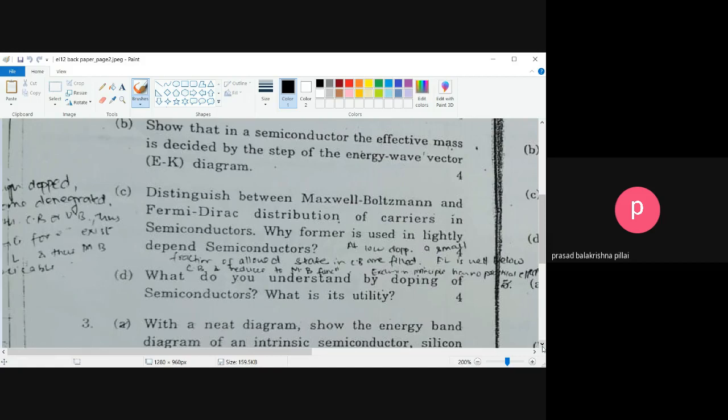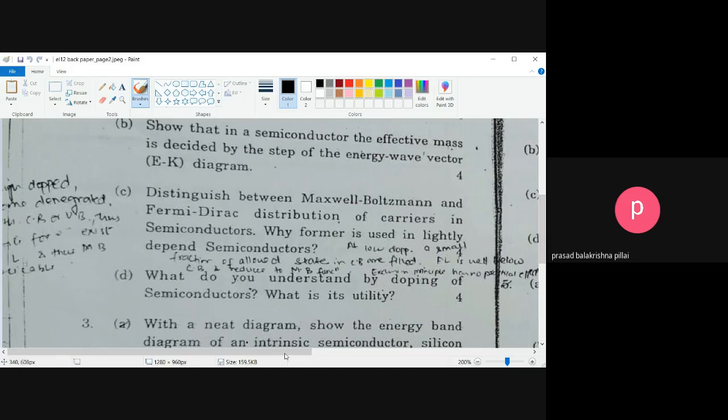That way it goes back to Maxwell's distribution. If time permits, they can also write the origin of the Fermi-Dirac distribution: it comes because of the involvement of Pauli's exclusion principle. Those points also can be written.